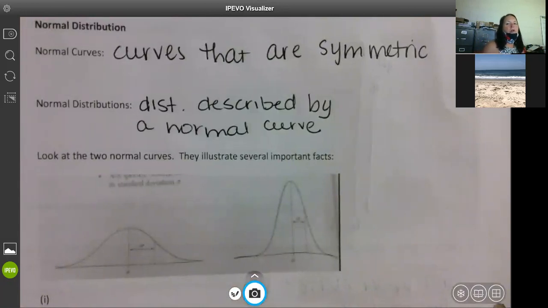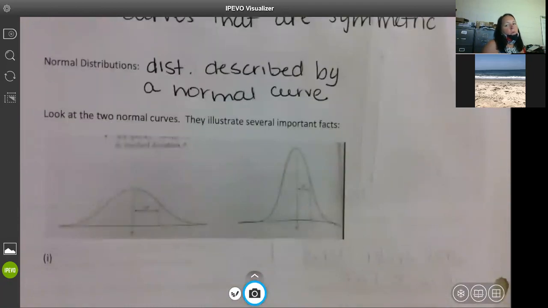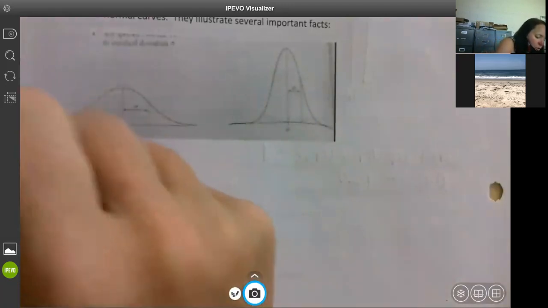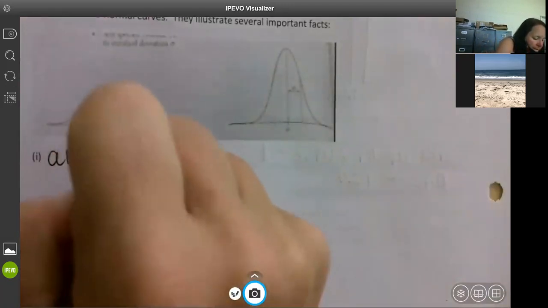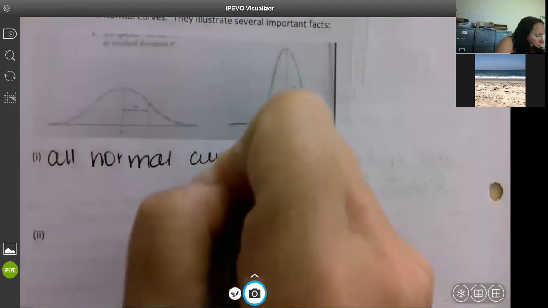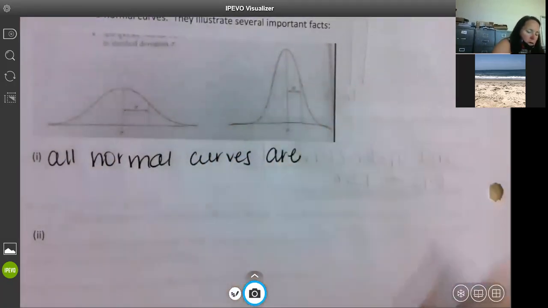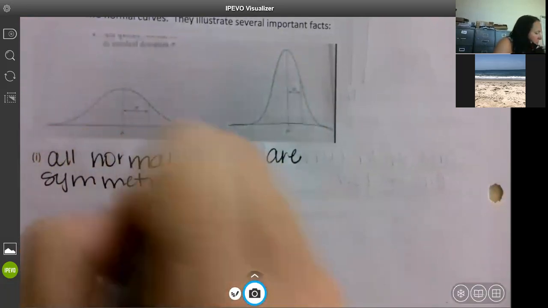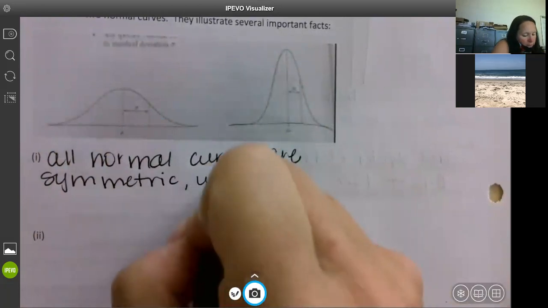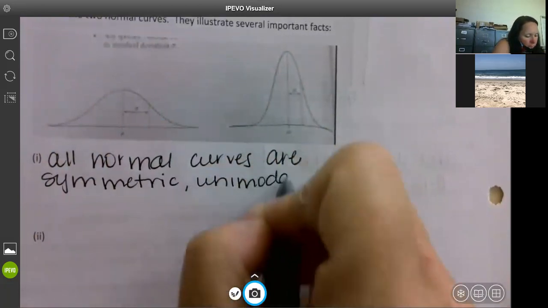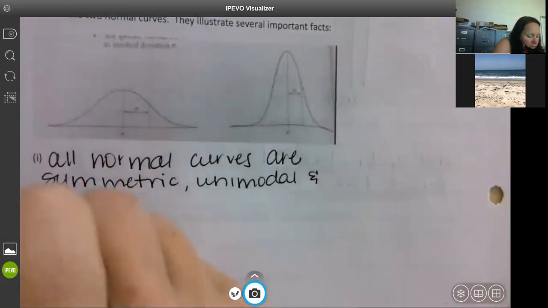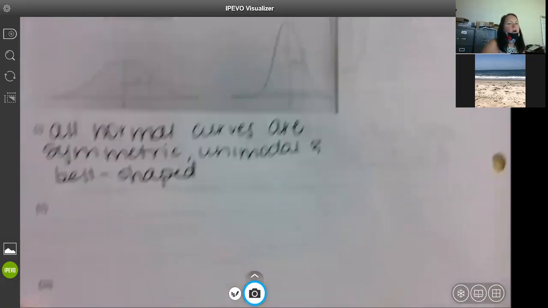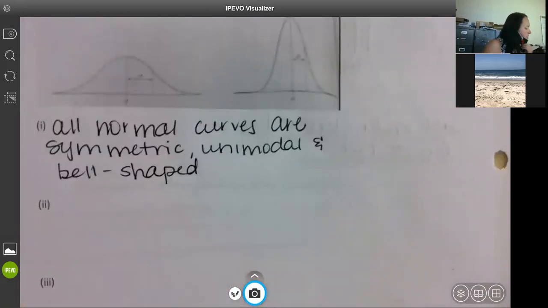So look at the two normal curves that illustrate several important facts. These are both normal. One is just a little bit taller than the other. That's not a big deal. The first one is that all normal curves are symmetric, unimodal, and bell-shaped.